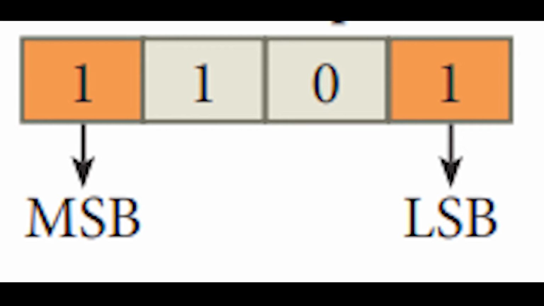In the same way, the rightmost bit is the LSB, that is least significant bit, and it has the smallest positional weight, right? See here, if you are having 5 numbers, the rightmost bit will say it is LSB, least significant bit, and least significant bit means it will have the smallest positional weight.